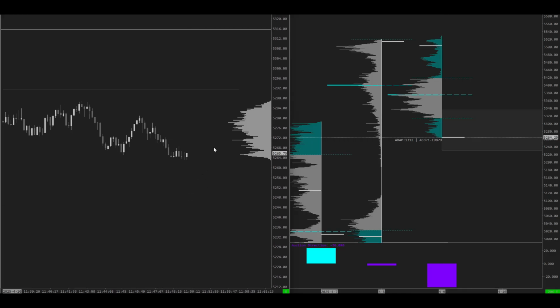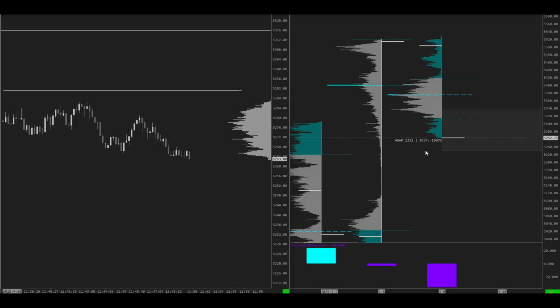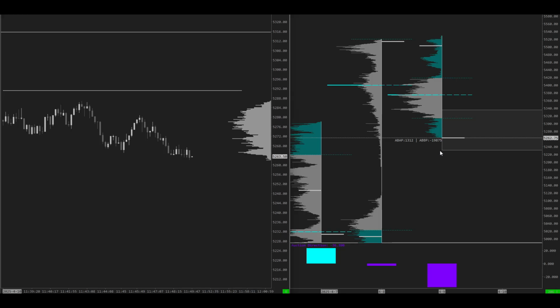If it bounces, I'll probably call it. And then I'll just make another video later if it ends up filling out or moving lower. If it either fills it out or keeps going lower, I'll make another update.